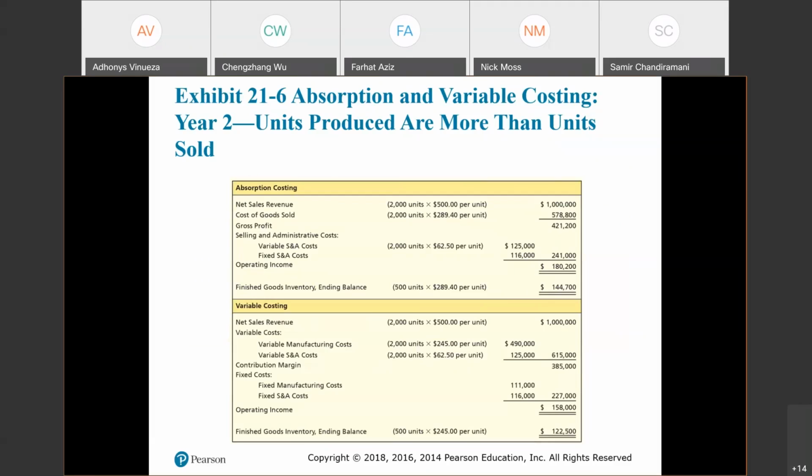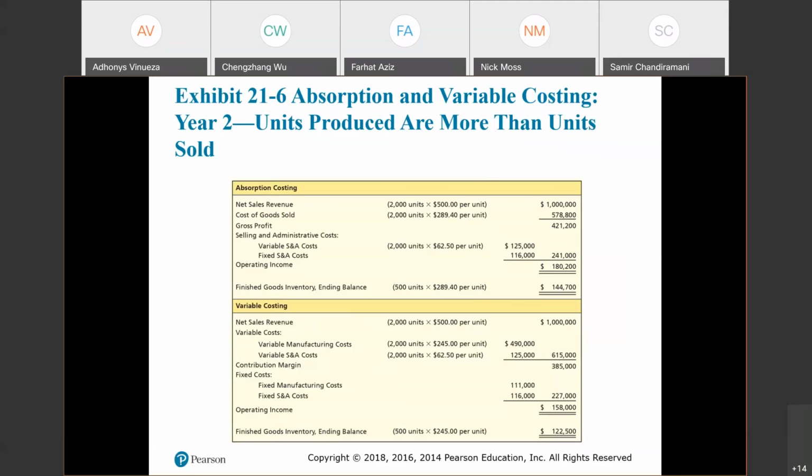We use sales revenue, which is still $1 million, less COGS, which is the gross profit, and continuously minus the selling and the administrative cost, which includes two parts, variable and fixed selling and the administrative cost.